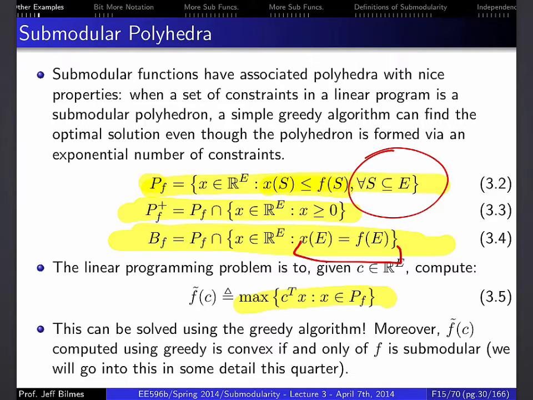Ordinarily, linear programming with an exponential number of constraints is hard. But if this polytope, P of f, is defined with f being a submodular function, then it turns out that the greedy algorithm can solve it exactly in low order polynomial time.